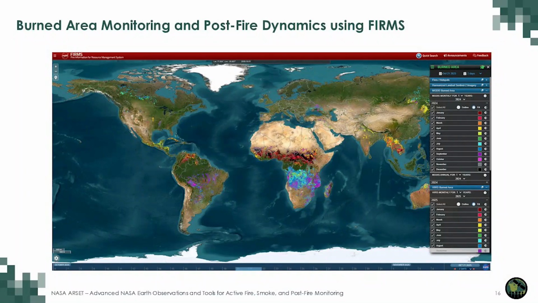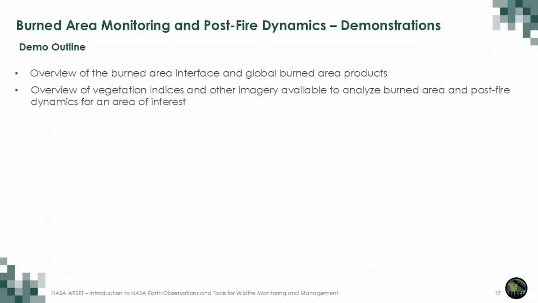Okay, great. Welcome to this demonstration using FIRMS to map and monitor burned area and post-fire dynamics. The demos will provide an overview of the FIRMS burned area interface and global burned area products, and an overview of the vegetation indices and other imagery available to analyze burned area and post-fire dynamics for a particular area of interest.